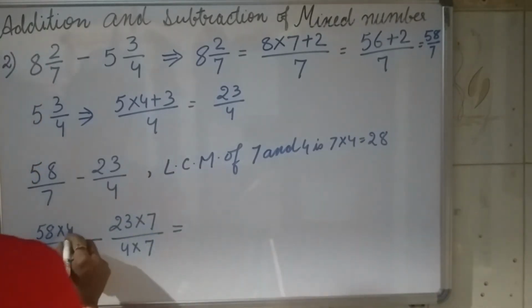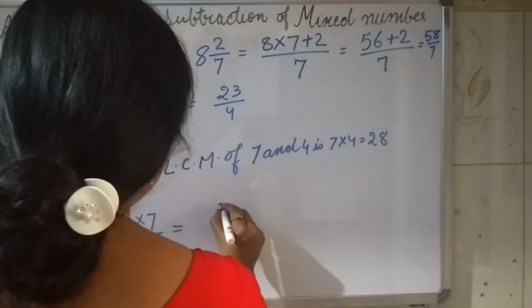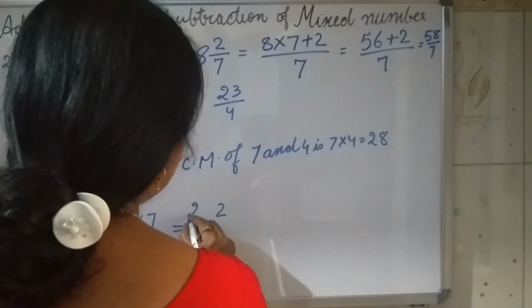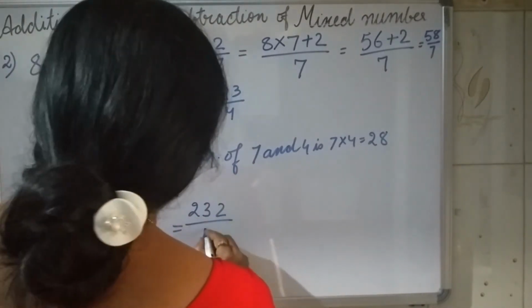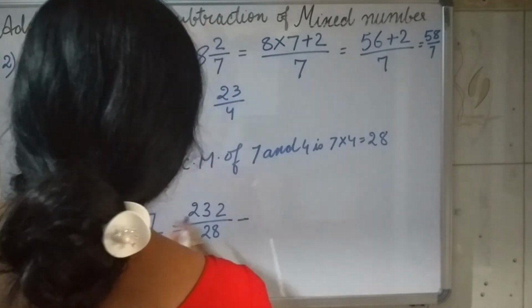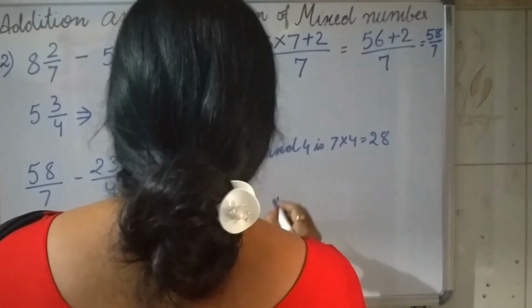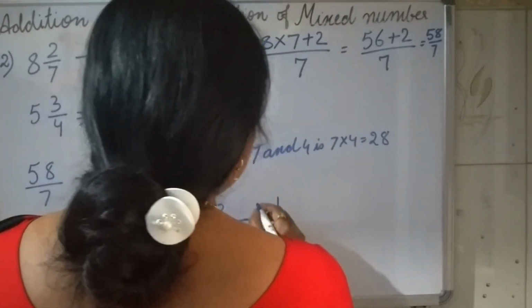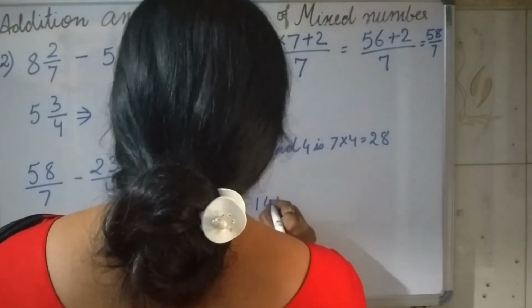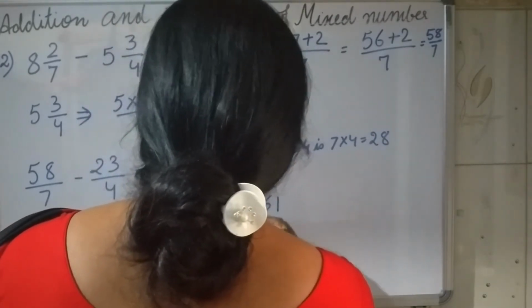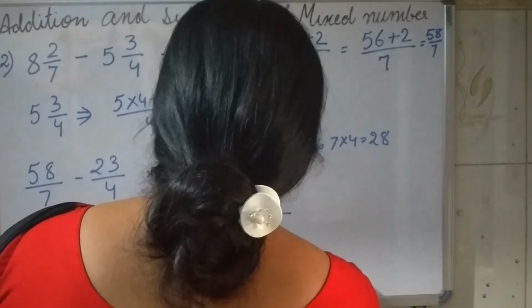Now 8 4s are 32, carry 3. 4 5s are 20 and 3, 23. 232 upon 28 minus 23 into 7. 7 3s are 21, carry 2, 7 2s are 14 and 2, that is 16, so 161 upon 28.